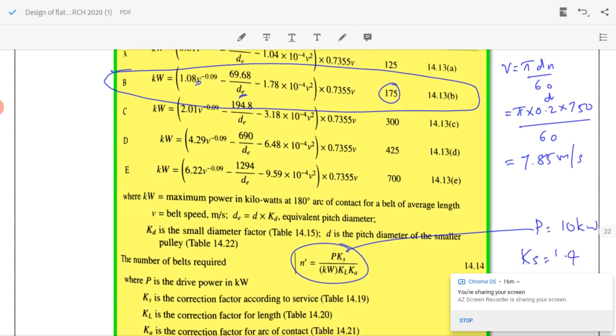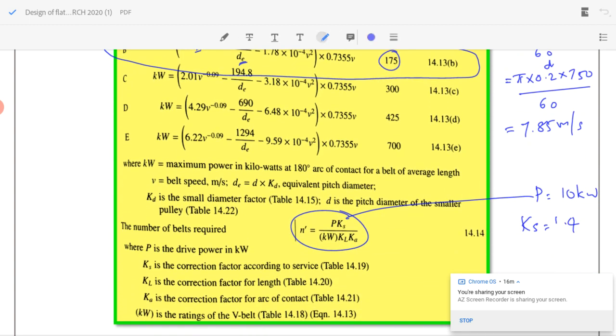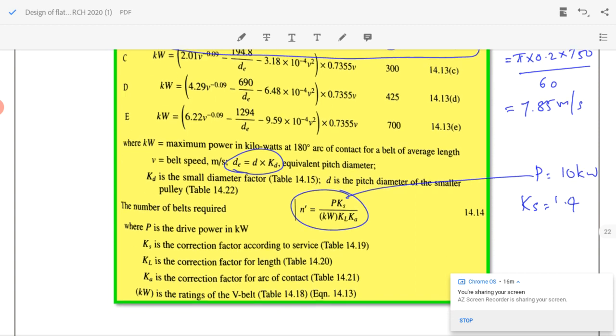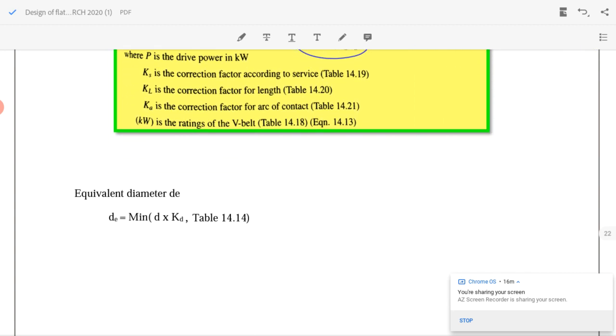And there is another equation, dE equal to D into KD. So we have to consider these two equations. From this table I can find the maximum value of dE can be up to 175 mm, and the second equation is D into KD. I have to find this value also and consider the minimum value.